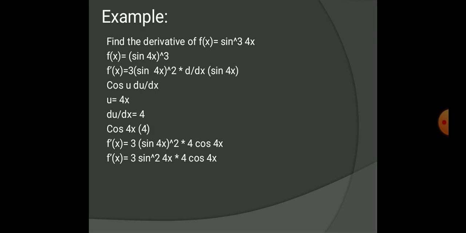Since 3 and 4 can still be multiplied, f prime of x is equal to 12 sine squared 4x times cos 4x. So that's our final answer. Thank you.